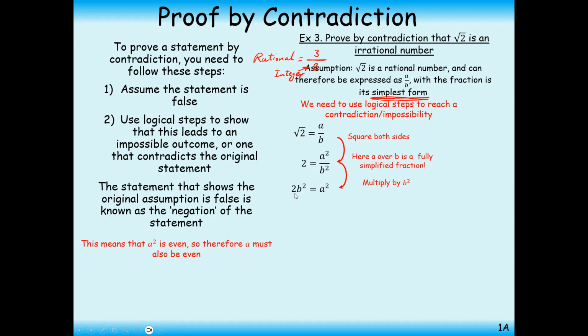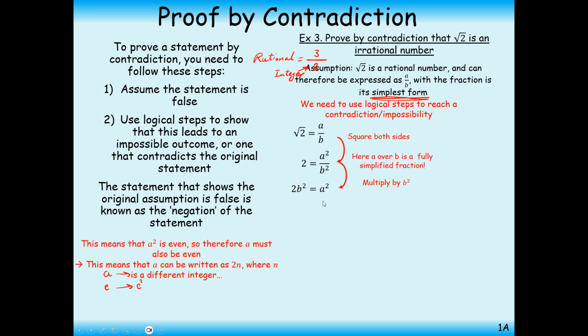It has a factor of 2 in it on the left hand side. And if you remember, only even numbers after being squared will give us an even number. So this means that a itself is an even number. So this means that a is 2n, or is a multiple of 2.